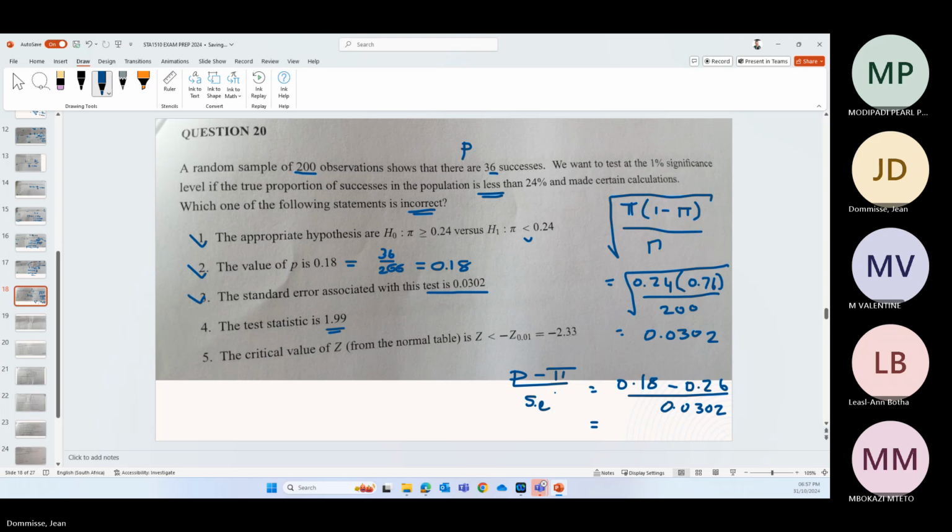So 0.18 minus 0.26 is minus 0.08, and that divided by 0.0302. Oh, okay, that is even.